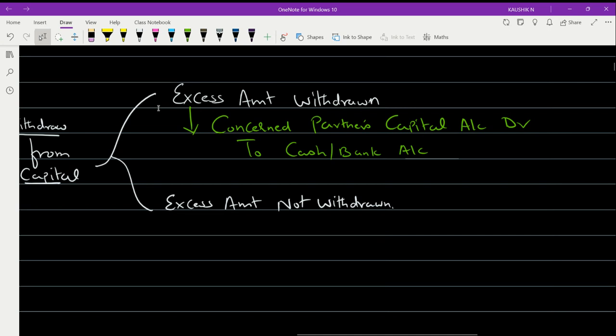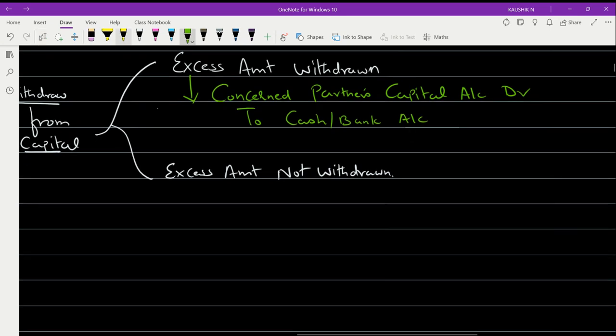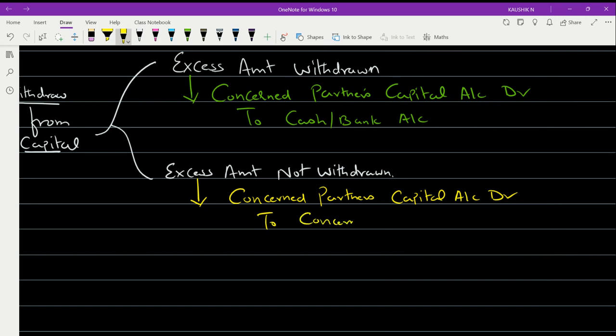Okay, if in case the respective partner has not withdrawn the amount, then in that case, the concerned partner's capital account is debited to the same concerned partner's current account.